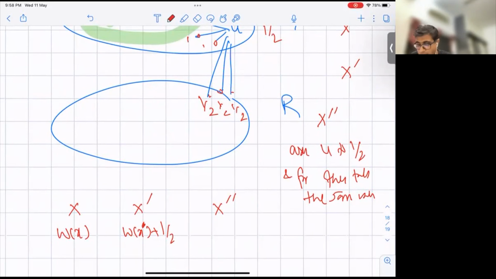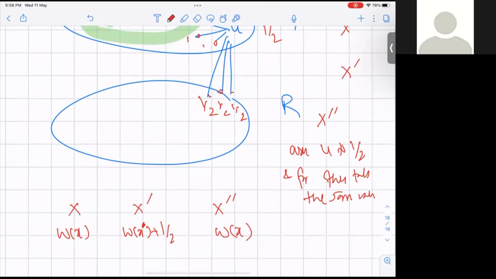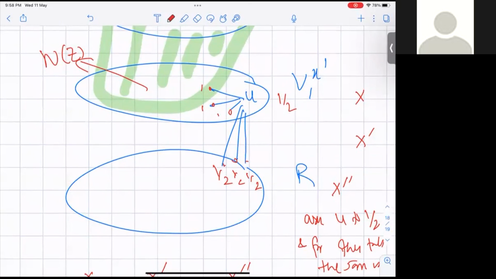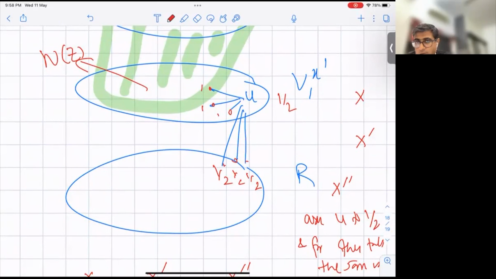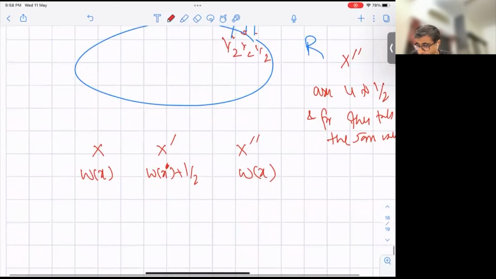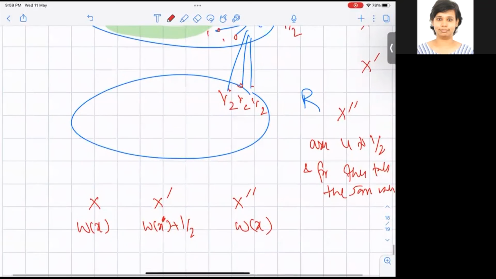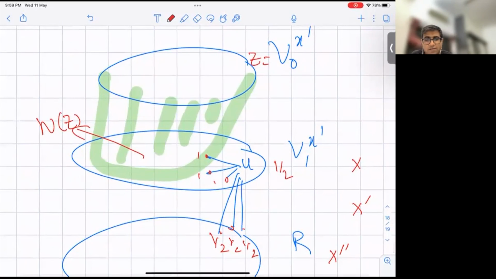It is the weight of X. Because U was assigned 1, and now I reassigned U to half, and still it is a feasible solution. Then what does it contradict? Does it contradict something?